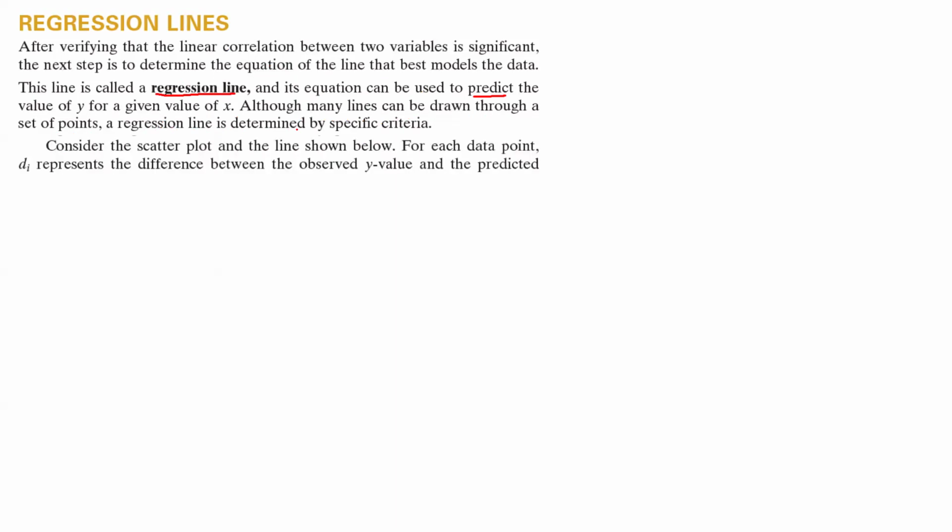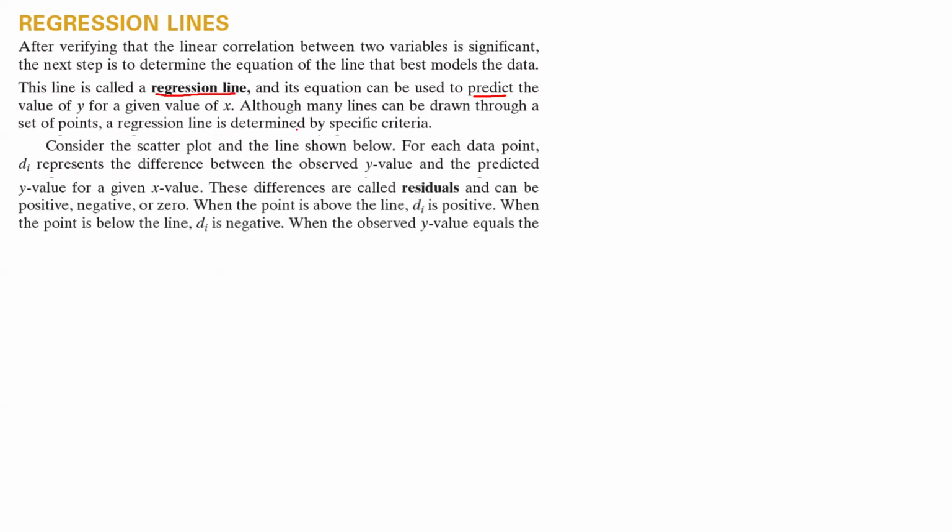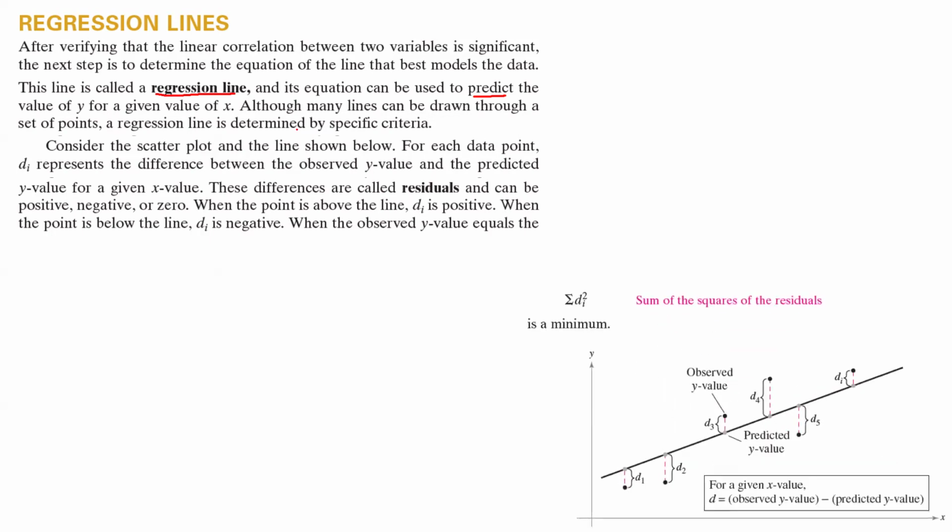Consider the scatter plot and the line shown below. For each data point, d sub i represents the difference between the observed y value and the predicted y value.